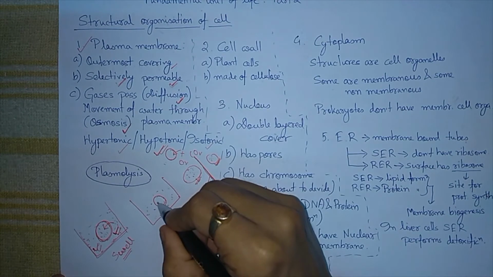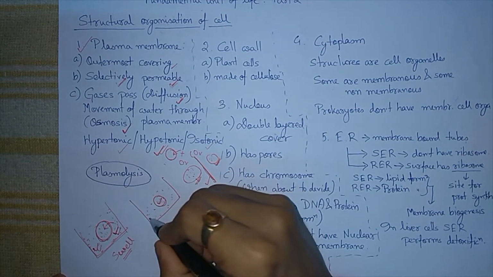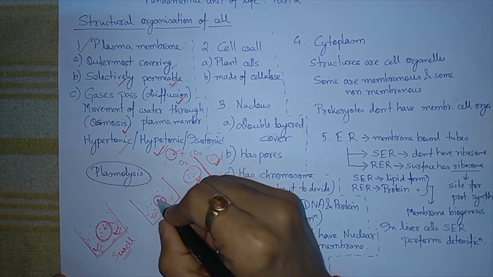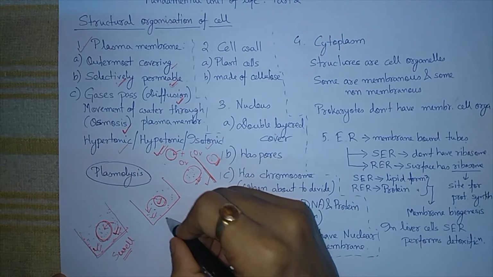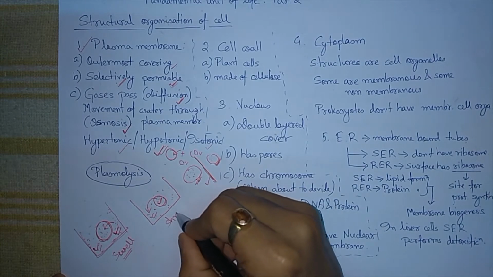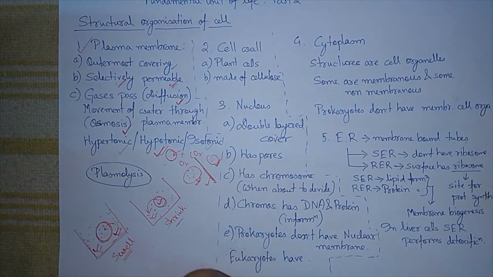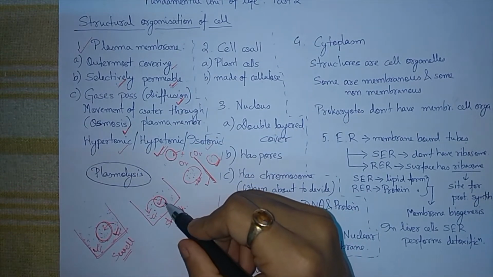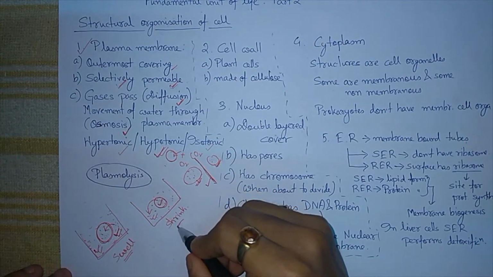So in this case, the water concentration is more inside the cell, water concentration is less outside the cell, so water will move from inside to the outside of the cell. As a result, the cell will shrink because water is coming out of the cell. Here water was entering into the cell, here water is moving out of the cell, so the cell will shrink.